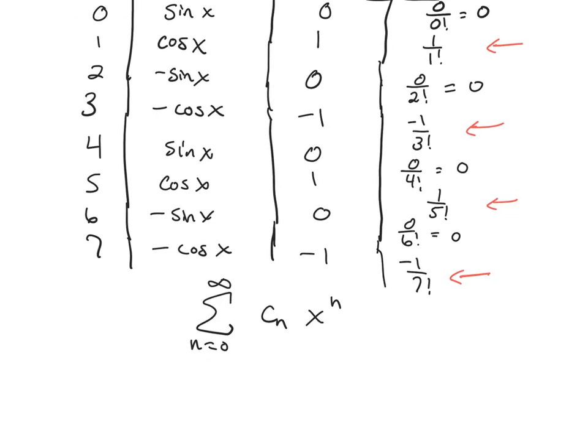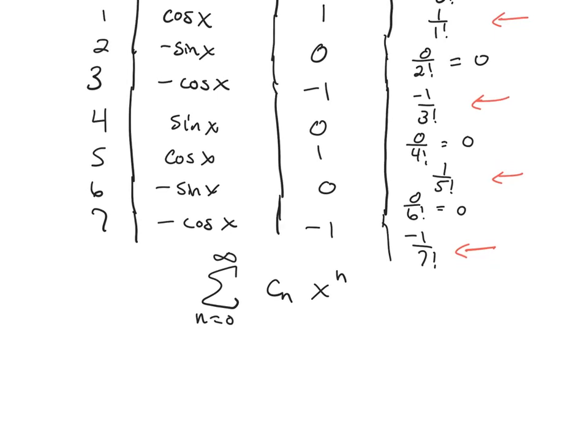So let's write out some of the terms. My constant term was 0, and then I had 1 over 1 factorial x, plus, it was a minus really, so maybe I'll make that a minus.